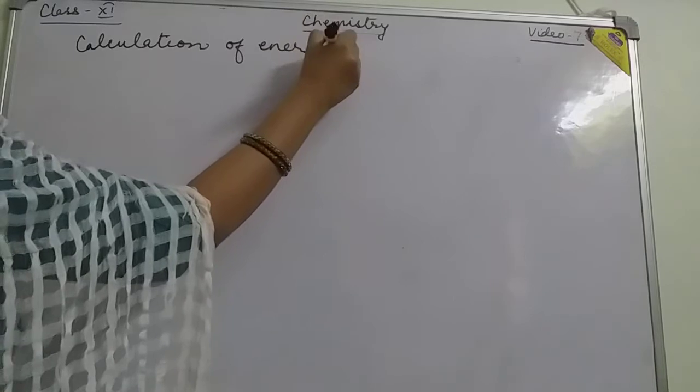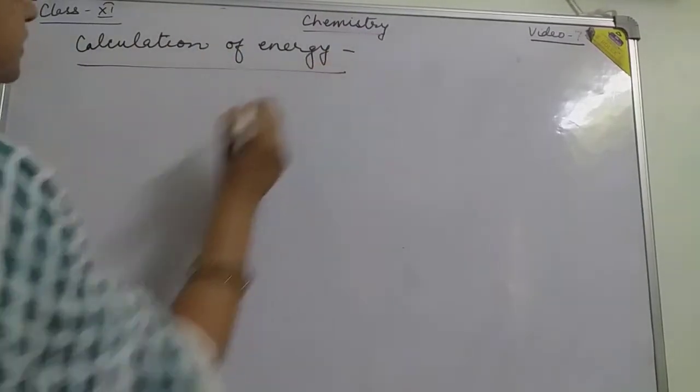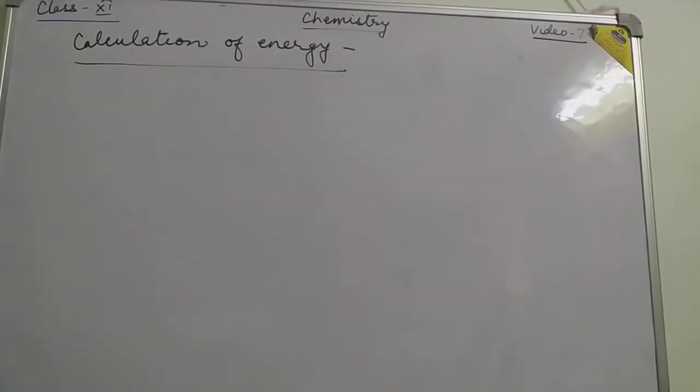The calculation of energy, calculation of radius and calculation of velocity is not in your syllabus as given in the NCERT book. These calculations are not required for your class 11 course, but they are required to understand the structure of atom and various things.